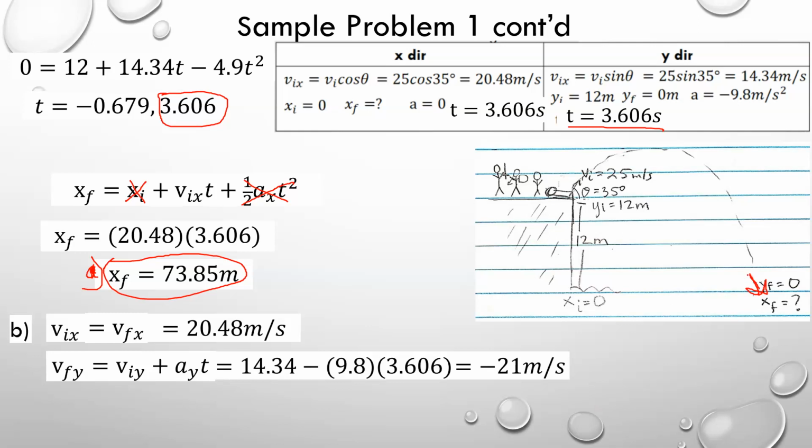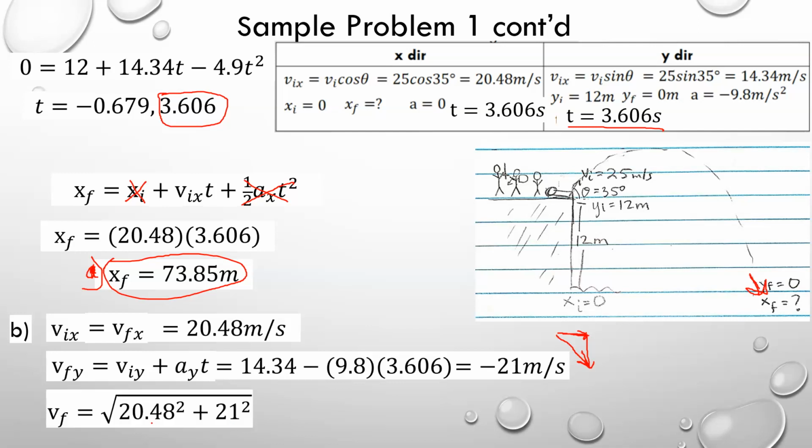So remember, we want to find this overall velocity vector. So we've got the y component of negative 21, and then this x component of 20.48. So we want to find the hypotenuse of the triangle, and for that we can just use the Pythagorean theorem.